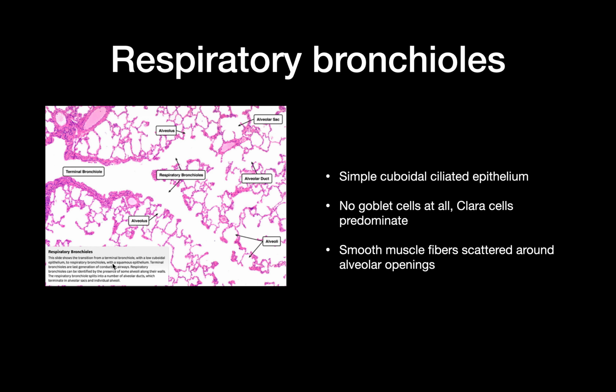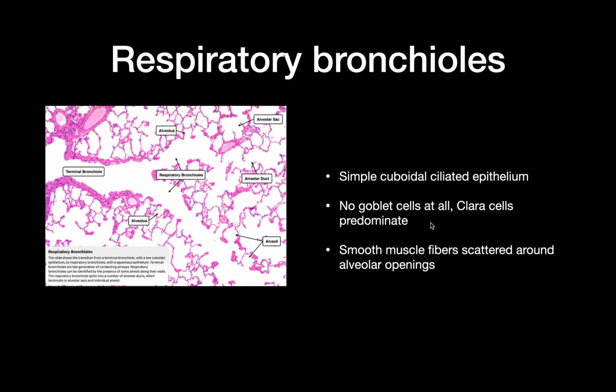So the transition from the terminal bronchioles to respiratory bronchioles is from the low pseudostratified columnar cells to a low cuboidal epithelium. So the terminal bronchioles are going to be the last of the conducting portion, and then the respiratory bronchioles are going to be the beginning of the respiratory portion.